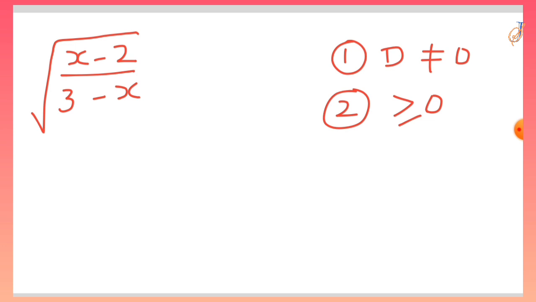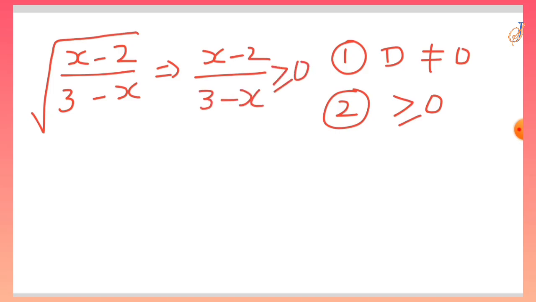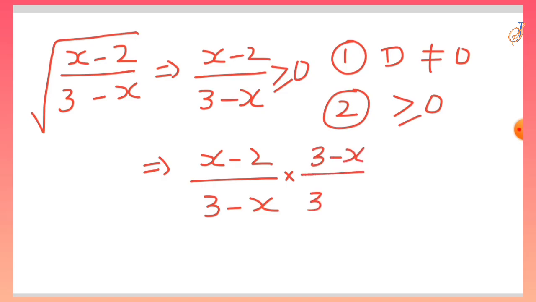First take x minus 2 over 3 minus x greater than or equal to 0. Because of this radical function, we need to find the factors of this function. To find the factors, in this particular case you have to multiply and divide with the denominator. Here the denominator is 3 minus x, greater than or equal to 0.